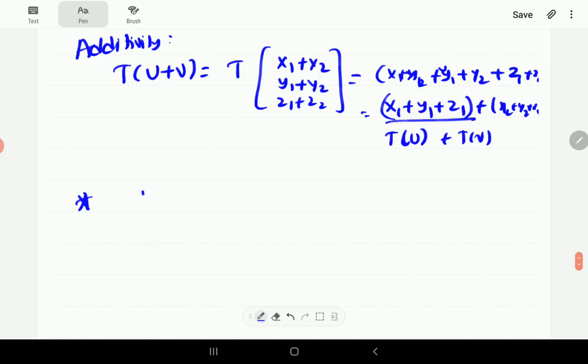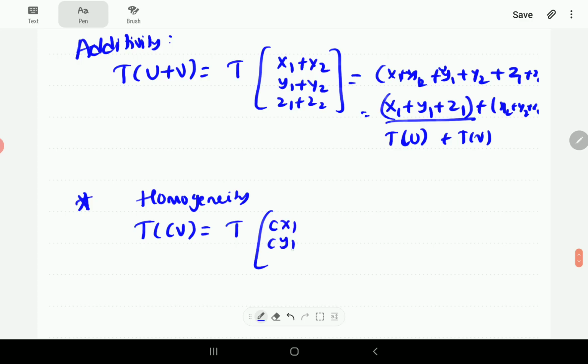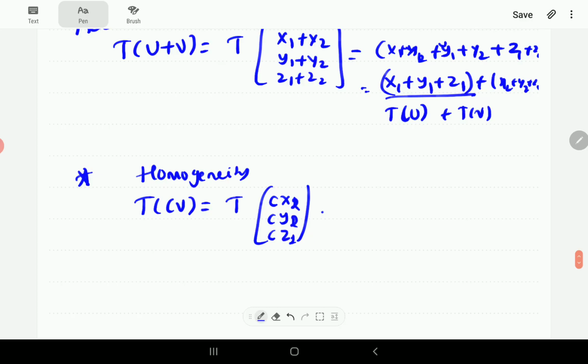Similarly, for homogeneity, let us take T of c into v. This is equal to T of (c x2, c y2, c z2), by writing c x2 plus c y2 plus c z2 by the definition.